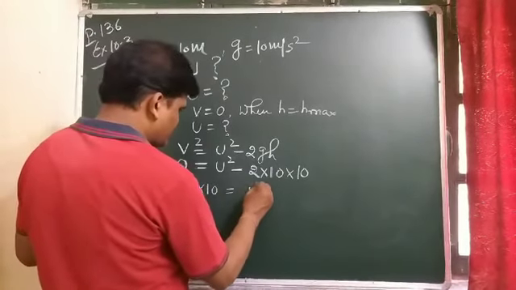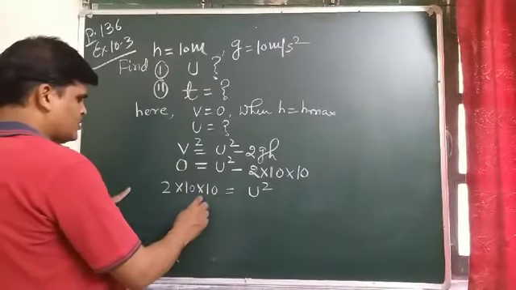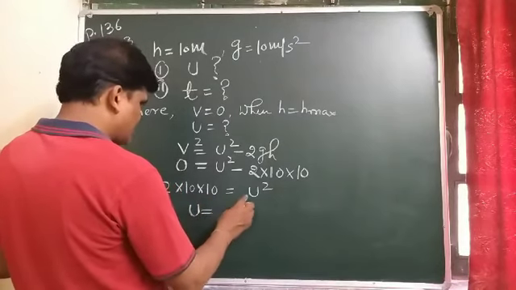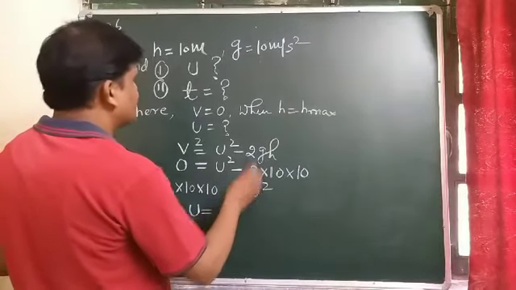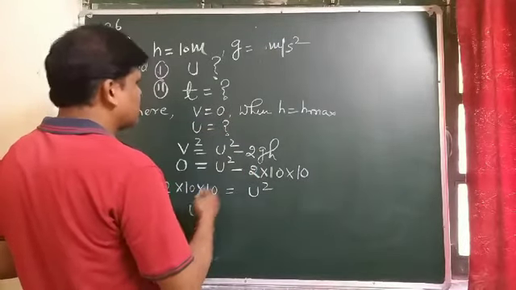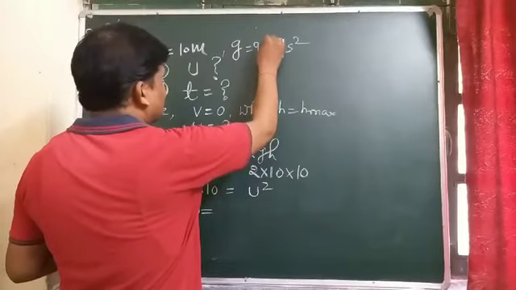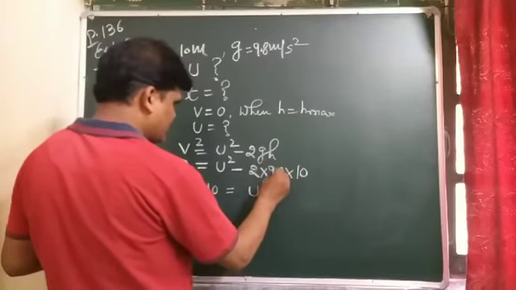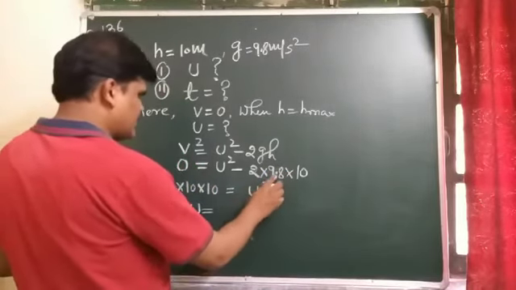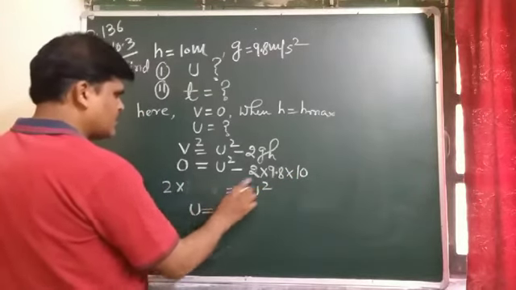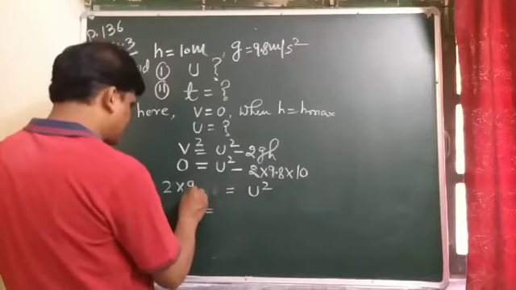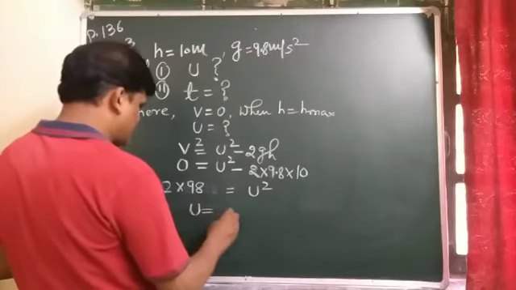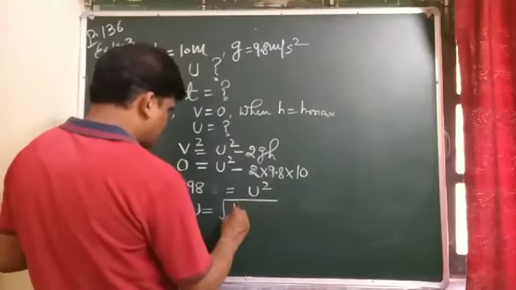So u square comes out to be, if we take 9.8 so that calculation may be easy, 2 into 9.8 into 10. 9.8 into 10 is 98, decimal cancels out. So u square is 2 into 98, that is 196.